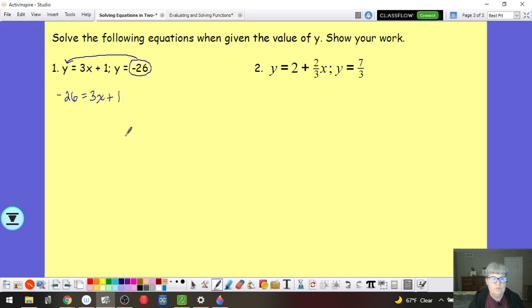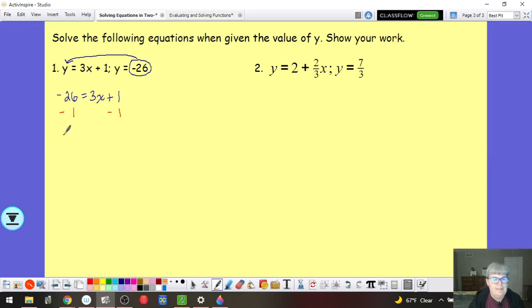And we're going to use our steps for undoing and solving the equation for x. We do not want you using guess and check. So when you're solving, you're going to basically do your order of operations backwards. So we're going to start by undoing addition and subtraction. So to undo a plus 1, you're going to subtract 1 from each side.